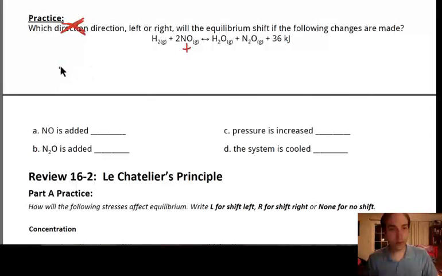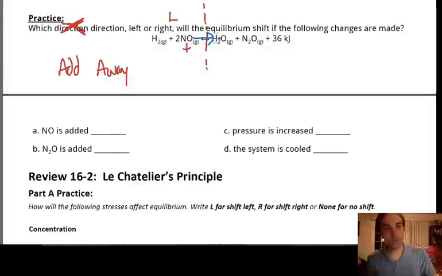Now remember, it's add, away, right? So right now nitrogen oxide is on the left side, if we do a little line down the center. If we add nitrogen oxide, it's going to shift away, so it's going to drive the forward reaction to occur faster, or it's going to shift to the right. Now, if we look at the dinitrogen oxide on this side, again, we're adding.